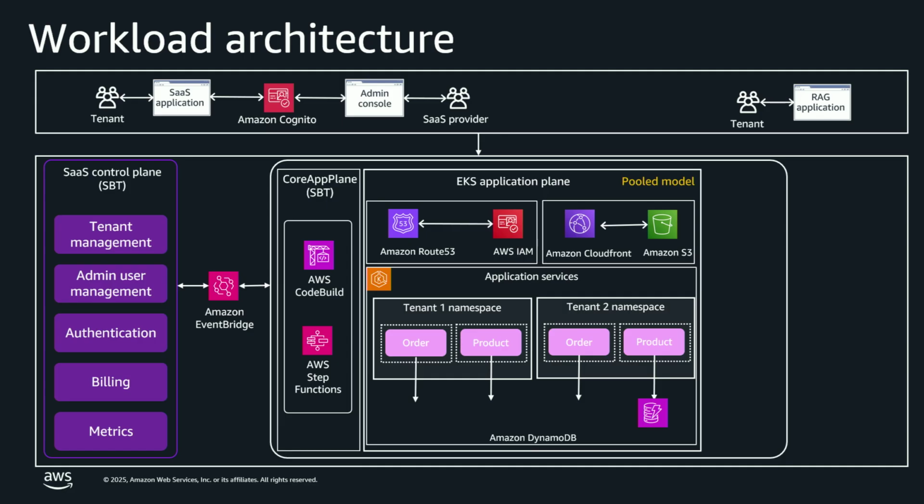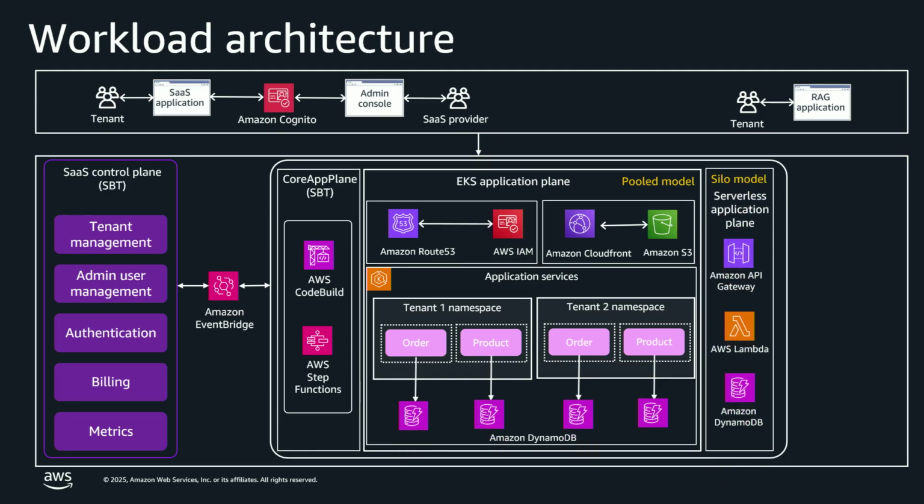We also have an EKS application plane hosted as a pool model, offering tenant-specific namespaces for order and product-related microservices, having their respective data stored in DynamoDB. And we also have a siloed deployment model of a serverless application plane, where tenants are specific on their deployment model and can adopt the serverless architecture for the order processing workflow.